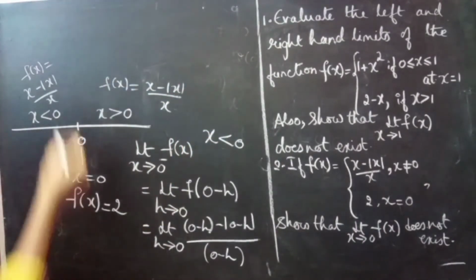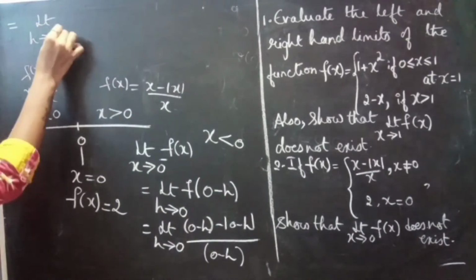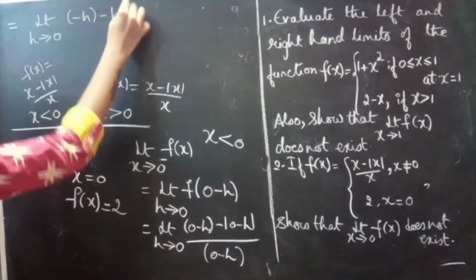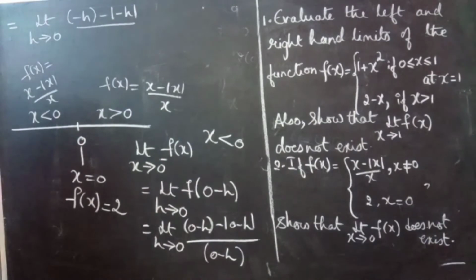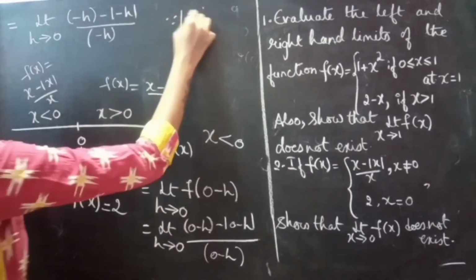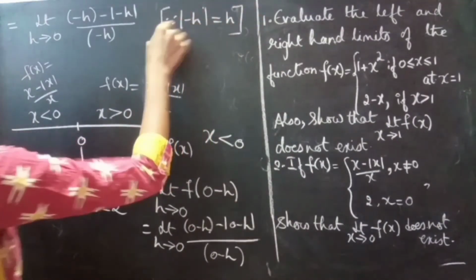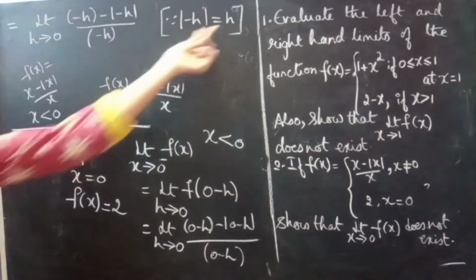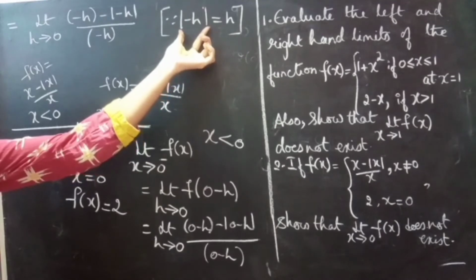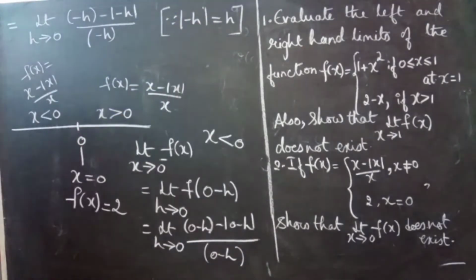So this equals limit h tends to 0 minus h minus of mod minus h divided by minus h. Since mod minus h equals h, that is positive. Since you have mod, any number, positive or negative, in this mod will always be positive.